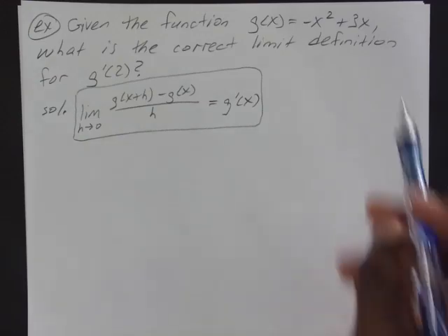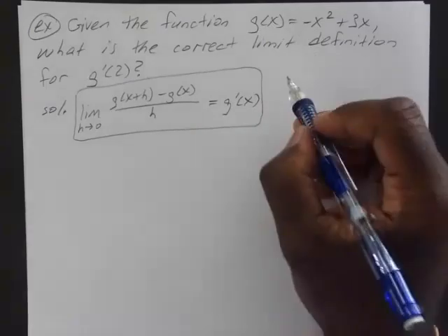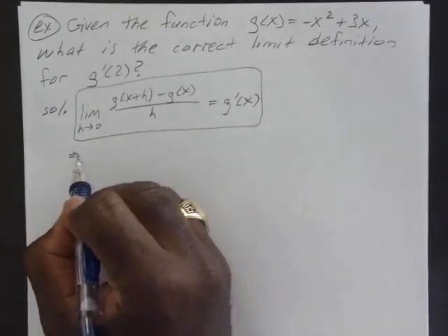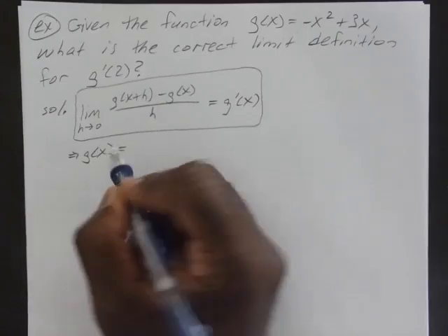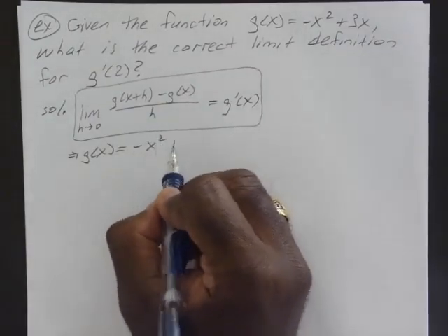So again, first thing we have to do, I already know we're given g of x, and that's negative x squared plus 3x.